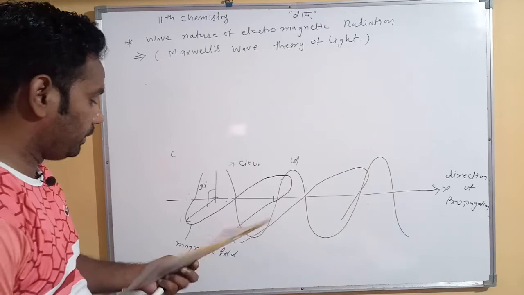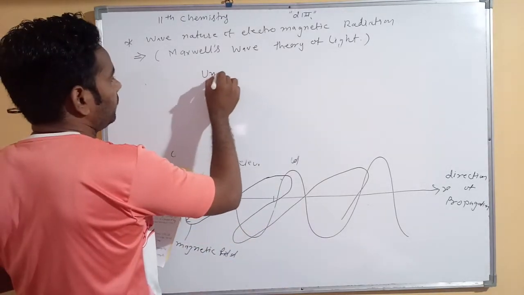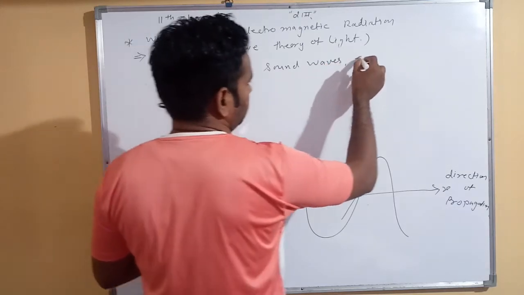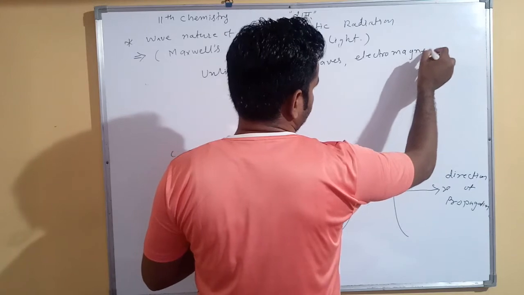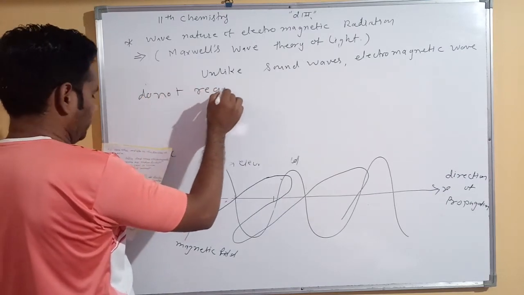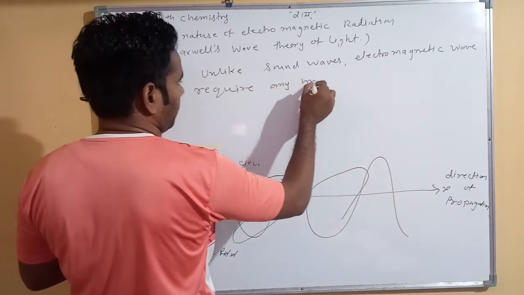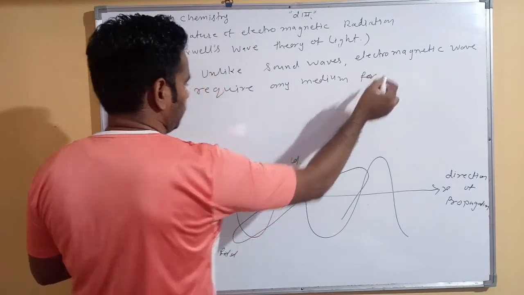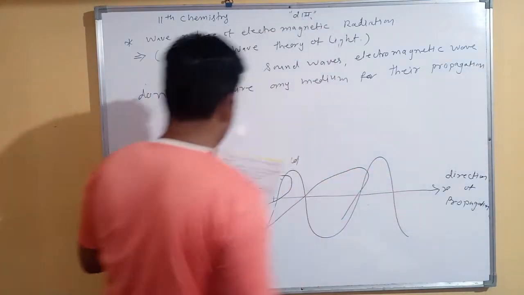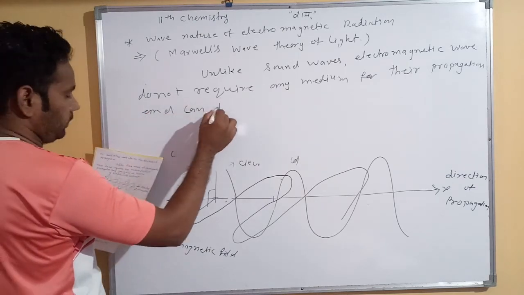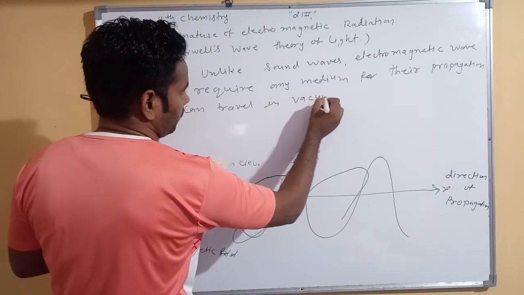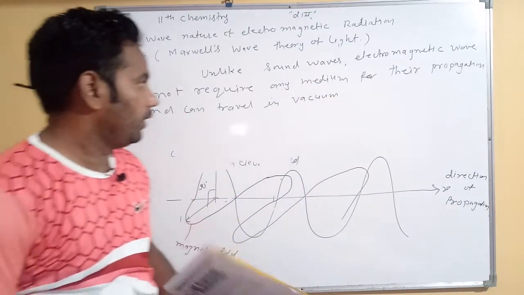Some waves also is there, but we move in vacuum, which waves, unlike sound waves and electromagnetic waves, do not require any medium for their propagation and can travel in vacuum. Okay, in vacuum.